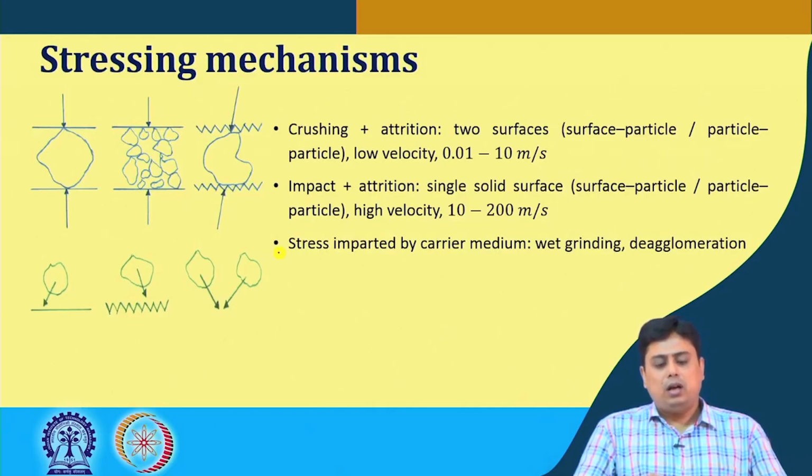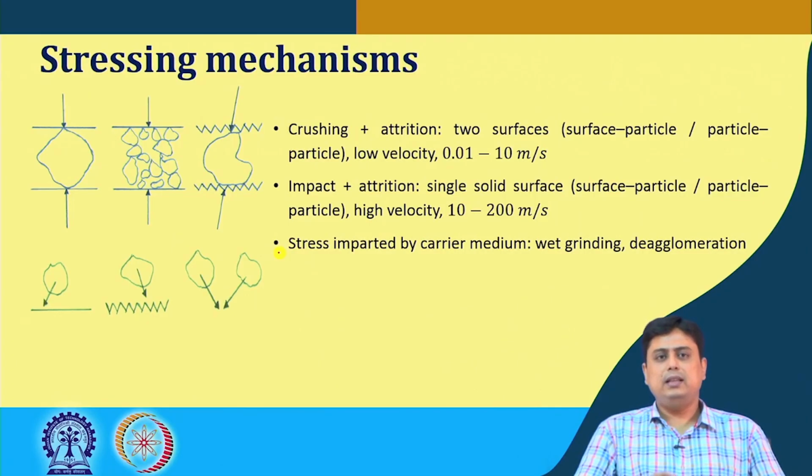These can be broadly categorized in three ways, as listed here. One is crushing plus attrition. We have seen this in the last class as well, the difference between crushing, impact and attrition.